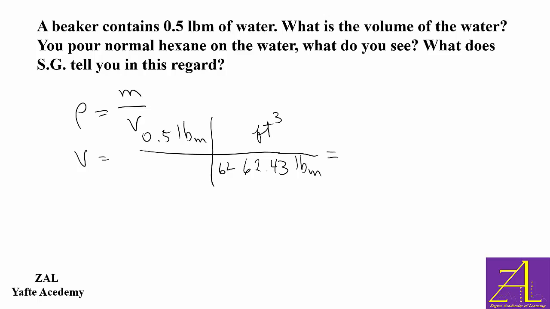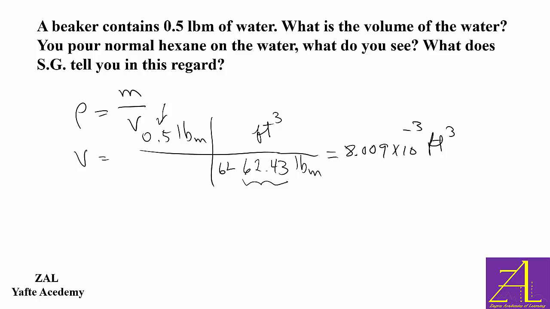And I am going to get the volume of water as 8.009 times 10 to the minus 3 foot cube. In this case, I just took the significant figure of this number to be 4, and I assumed 0.5, which is given, is a defined number, so it has infinite significant figures.